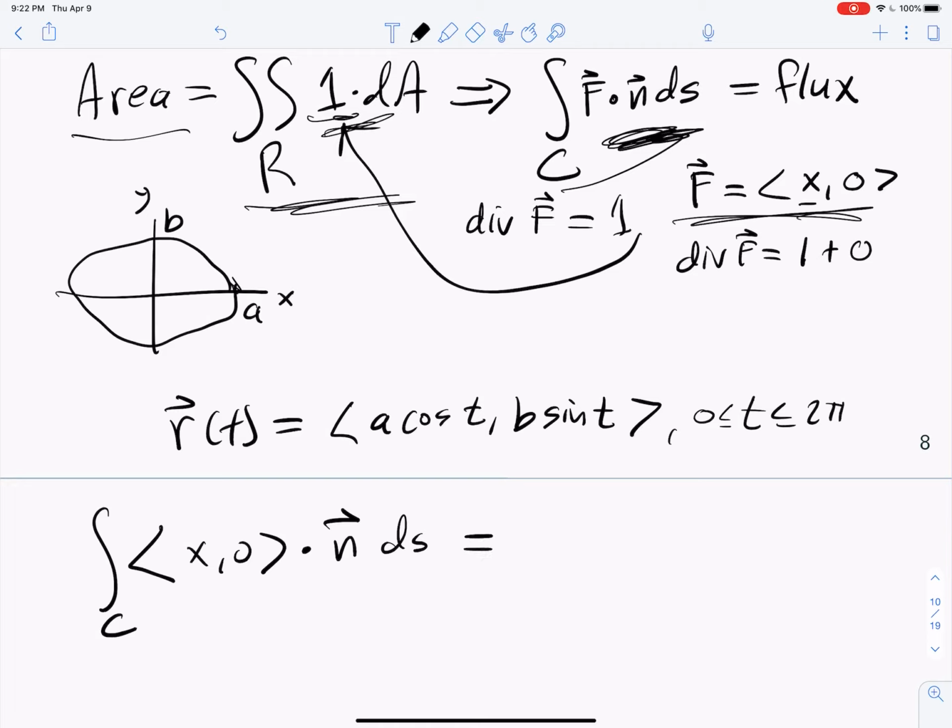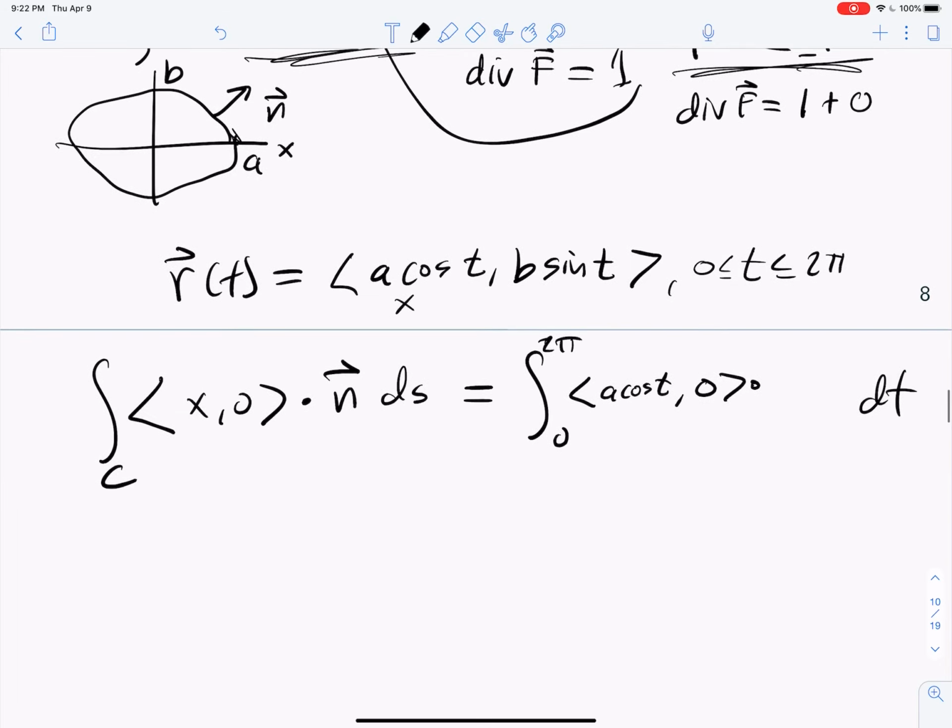And then what we need to do is turn this into an integral with respect to t that we actually can compute. So x is a cosine of t, so that's going to be a cosine of t right there, and that's going to be 0. Now we need the normal vector to this ellipse. So what is the normal vector? Well, if r is parameterizing it, then what we want is y prime, negative x prime.